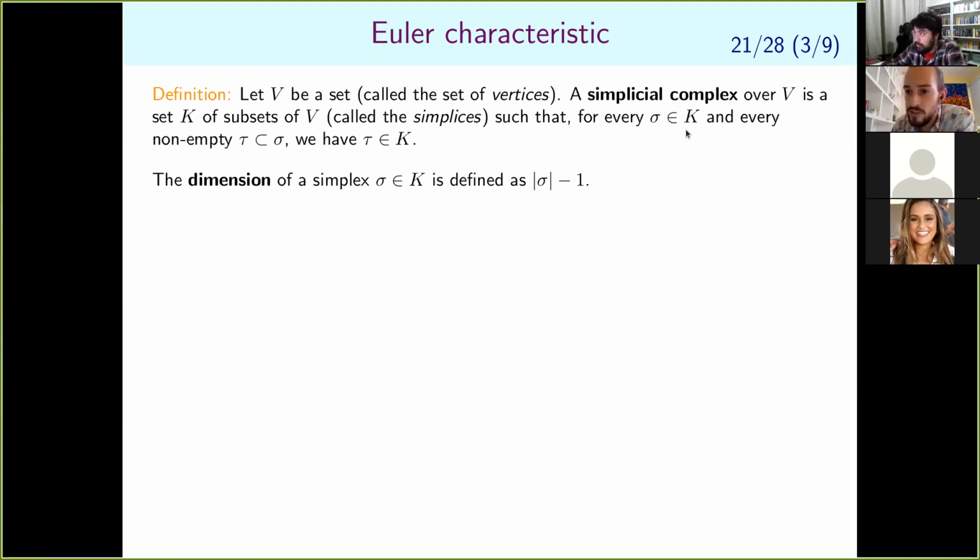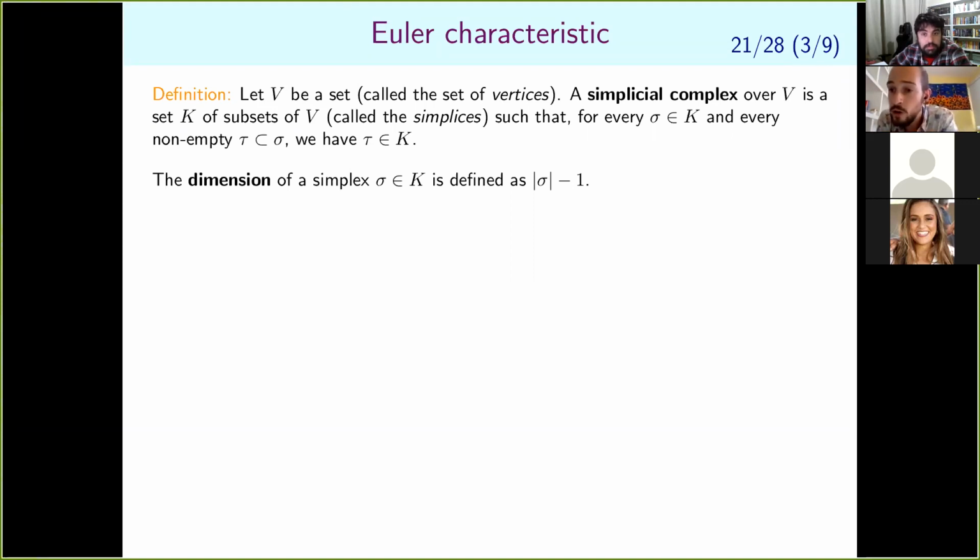So a simplicial complex, I will read the definition. You start with a set of vertices, V. This is any set. A simplicial complex over V will be a collection K of subsets of V. These subsets, I will call them the simplices. One simplex, two simplices.